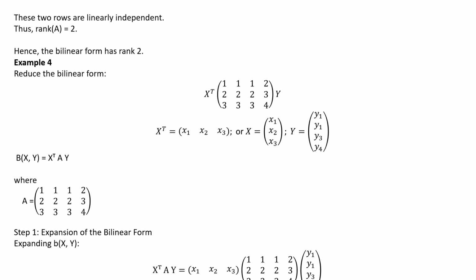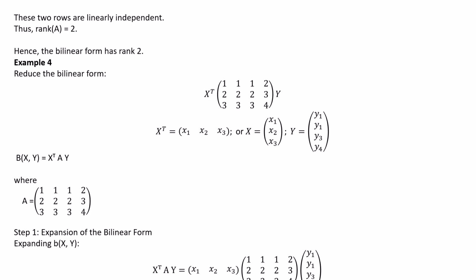So these two rows are linearly independent. Thus, the rank of A is 2. Hence, the bilinear form has rank 2.